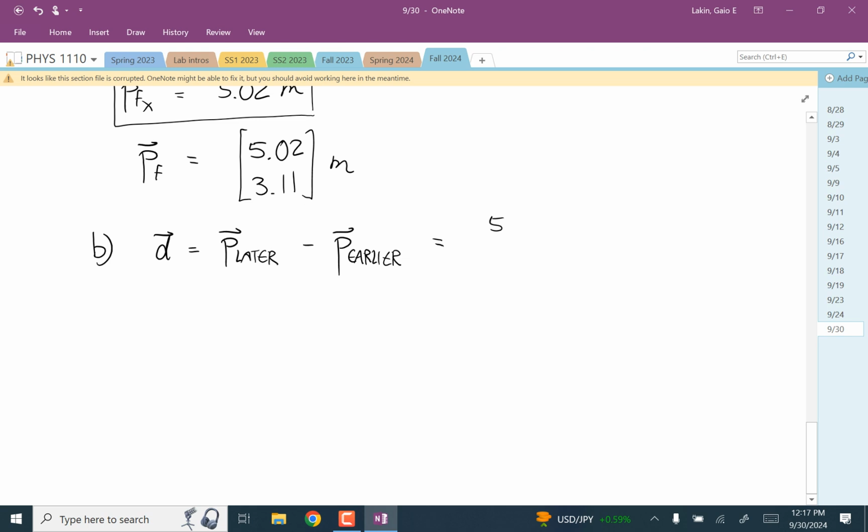So this is 5.02, 3.11 minus 0, 1. And so that displacement is 5.02, 2.11.